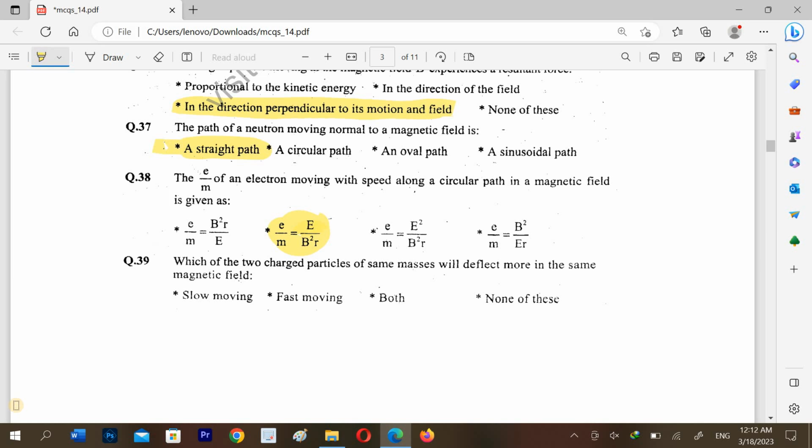Which of the two charged particles of same masses will be deflected more in the same magnetic field? Fast moving.